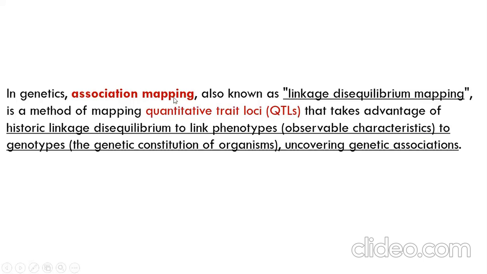So it's nothing but looking for disease association mapping with specific genes, specific loci that link a phenotype to the genotype. Phenotype is the observable characteristic, genotype the genetic constitution. By observing this quantitative trait loci, you come to a conclusion of genetic association in plants and plant breeding experiments, for example the rice genome, and then you do a genome association mapping.